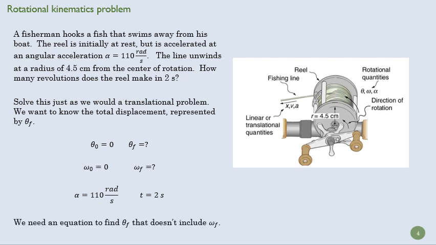But we'll do a more formal way of finding our answer too. Just like in our kinematics, we don't really need this. So we're going to try and find an equation that gives us theta f, the unknown that we want, but doesn't include omega f, the unknown that we're not interested in.